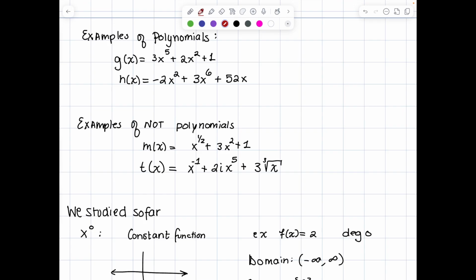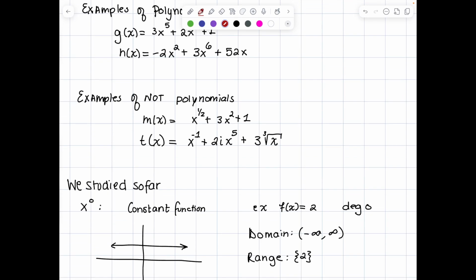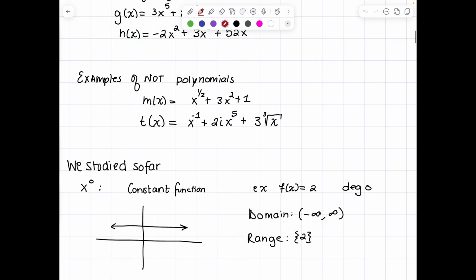What you cannot have in polynomials, so these are examples of not polynomials, are fraction exponents, which also correspond to radicals. We can't have that. In t of x here, we have x to the negative 1 power. You're not allowed to have any negative exponents, just not allowed. And you're not allowed to have imaginary numbers either.